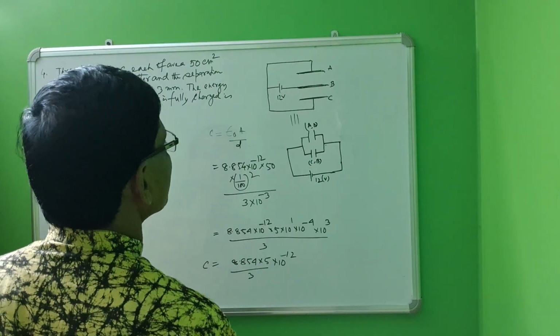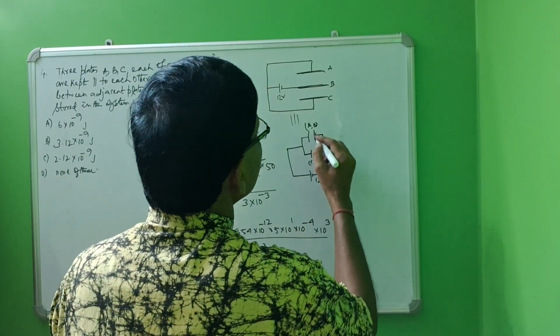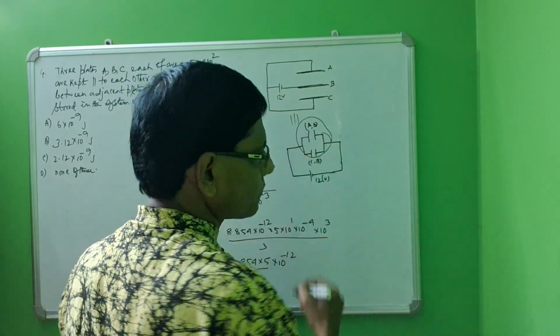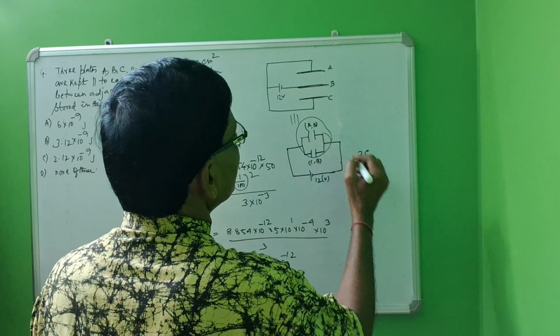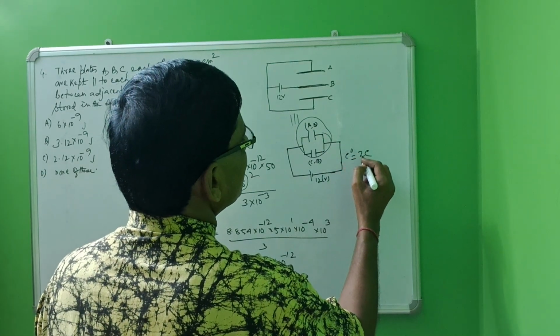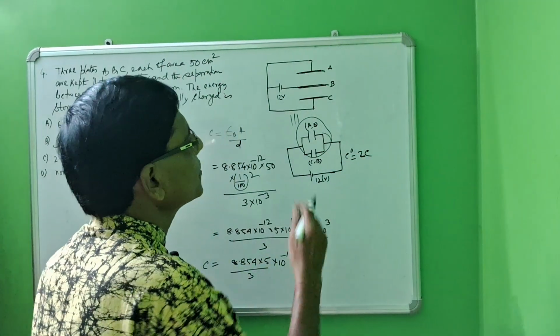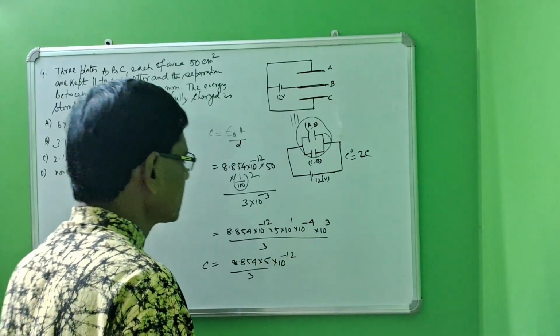So this is C, and here the equivalent capacitance of these two will be twice C, because these are in parallel connection.